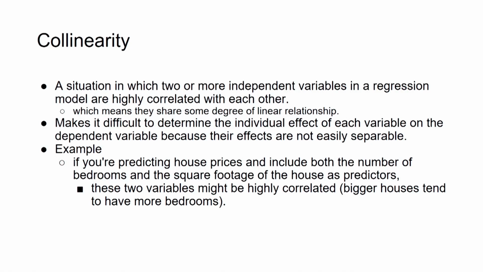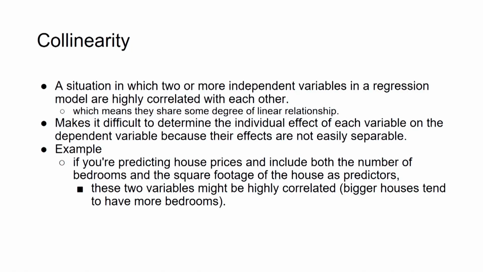Because it will make it difficult to determine the individual effect of these independent variables on the dependent variable. We can't say how much variability in y is explained by one particular independent variable if it is highly correlated with another independent variable also.